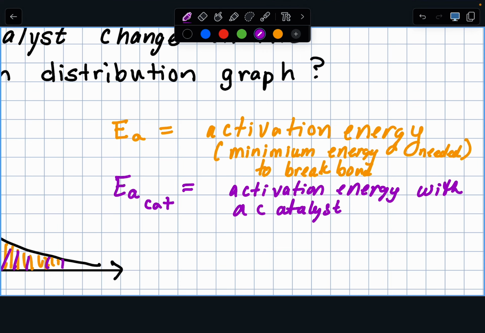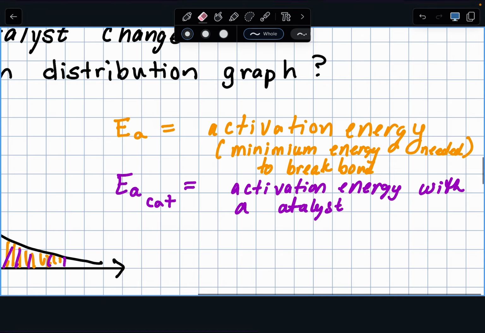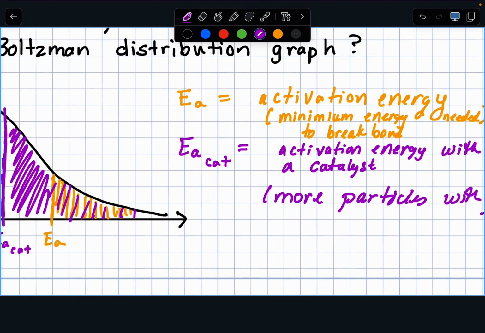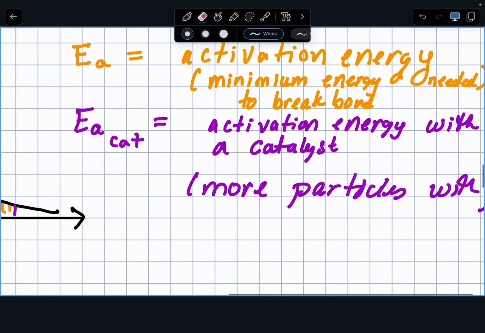And again, what a catalyst does is it gives an alternative pathway. That's the way to say it. But the big thing the catalyst does is it lowers the activation energy required for the bonds to break. And so now we have more particles with what's called sufficient energy. So we have more particles.